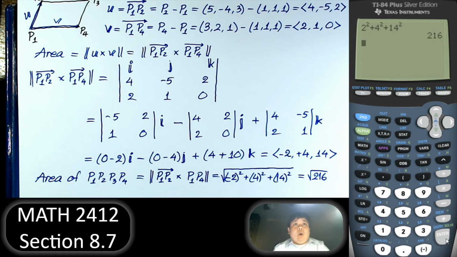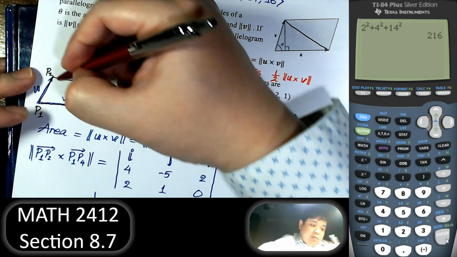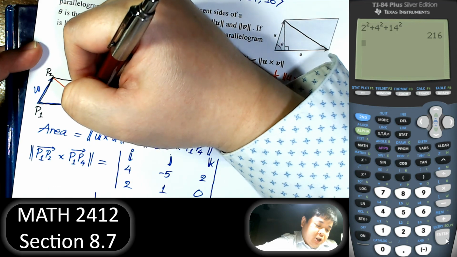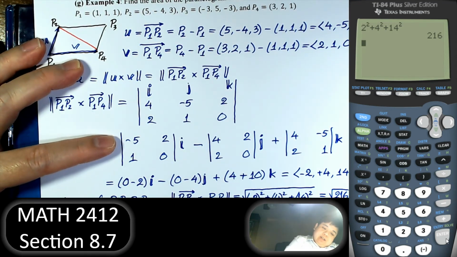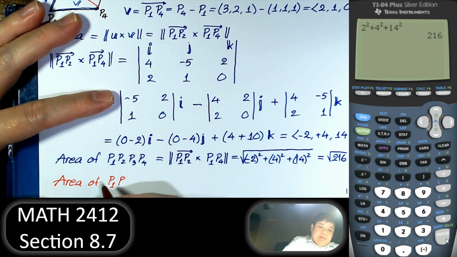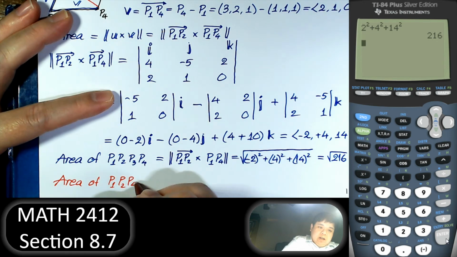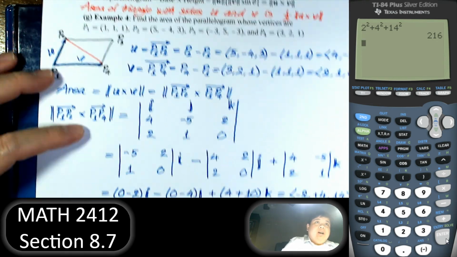Now, if the question asks us what is the area of the triangle P1, P2, P4, then of course that will be half the area of the parallelogram.